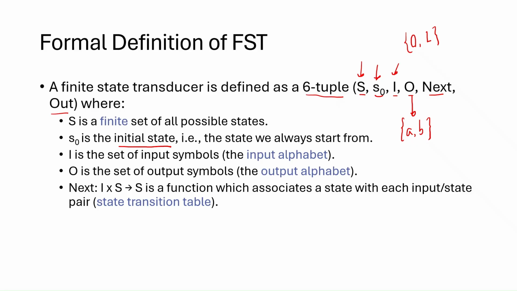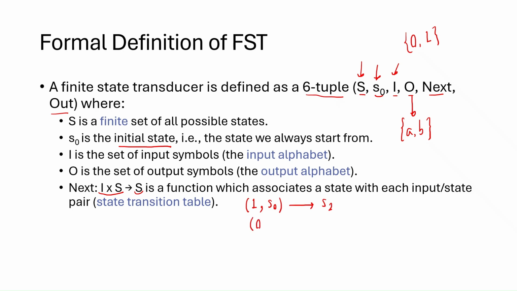And now the next two are similar to the tables. So next is a function that takes a pair of input symbol and current state, and it tells us what the next state is going to be. So for example, if your input symbol is 1 and you are at S0, then next can tell you to go to S2.